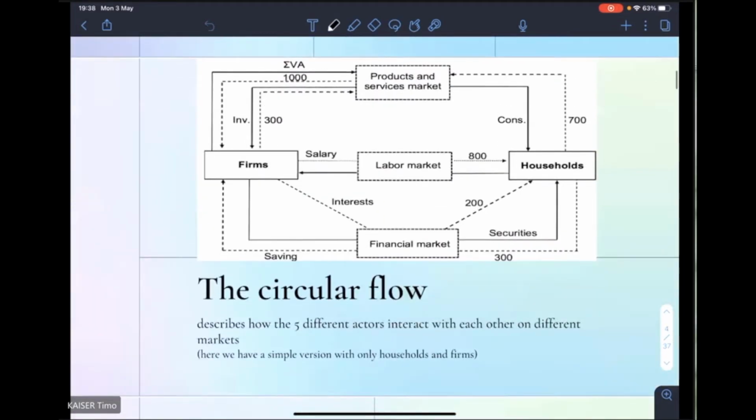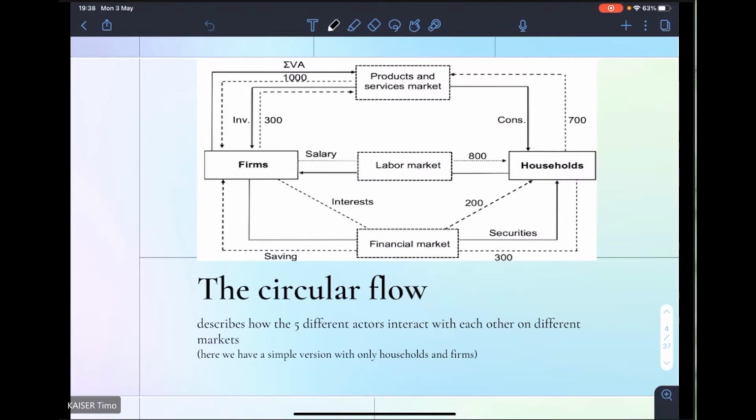Here we have the circular flow, which describes how these 5 actors from the economy interact with each other. However, here we haven't included the rest of the world yet, because it's a very simplified model.